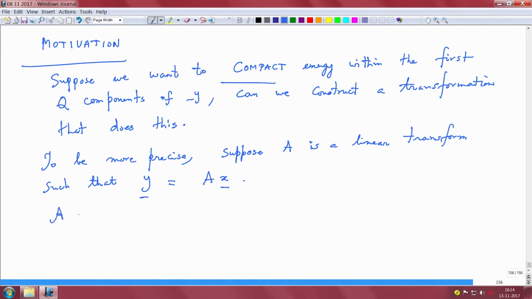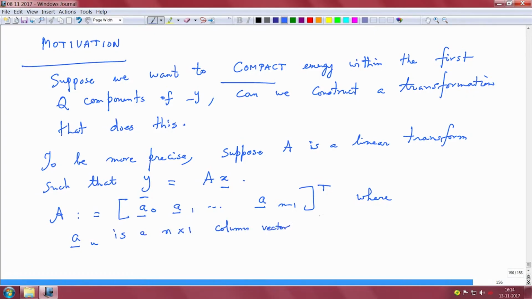Let us assume A is such that I have a stack of all these vectors, where a u is an n by 1 column vector. Okay. Say suppose.